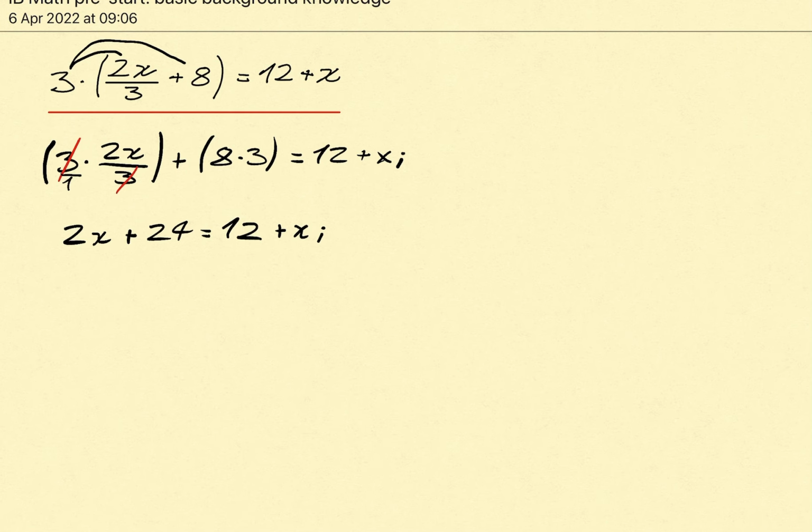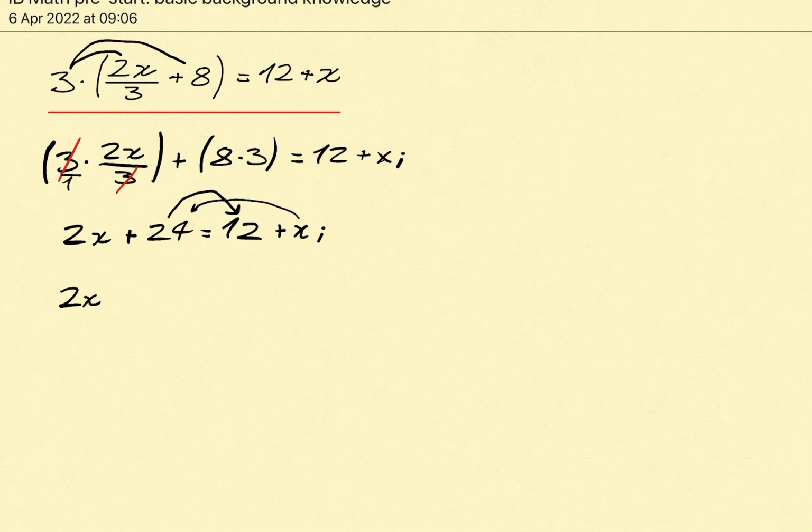Now, what we should do is try to bring the x's to one side and then the independent numbers to the other side. So we're going to bring this x to this side and the 24 to that side.